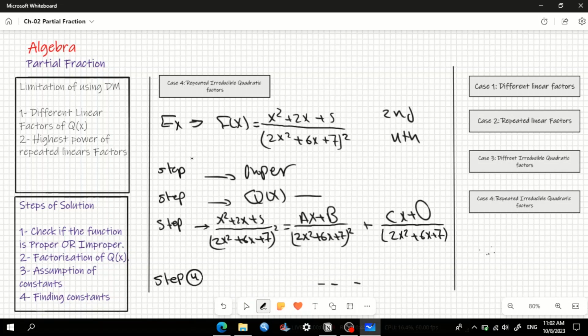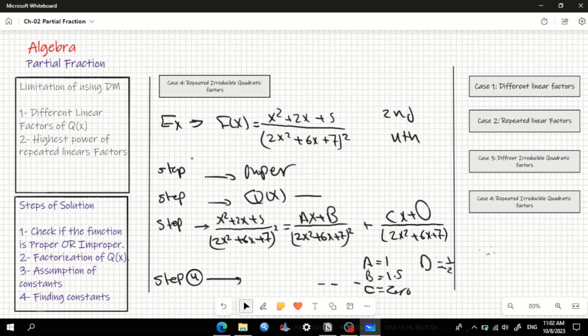Okay, and we will obtain that a will be equal to 1, b will be equal to 1 half, 1.5, okay, and c equal to 0, d equal to half.